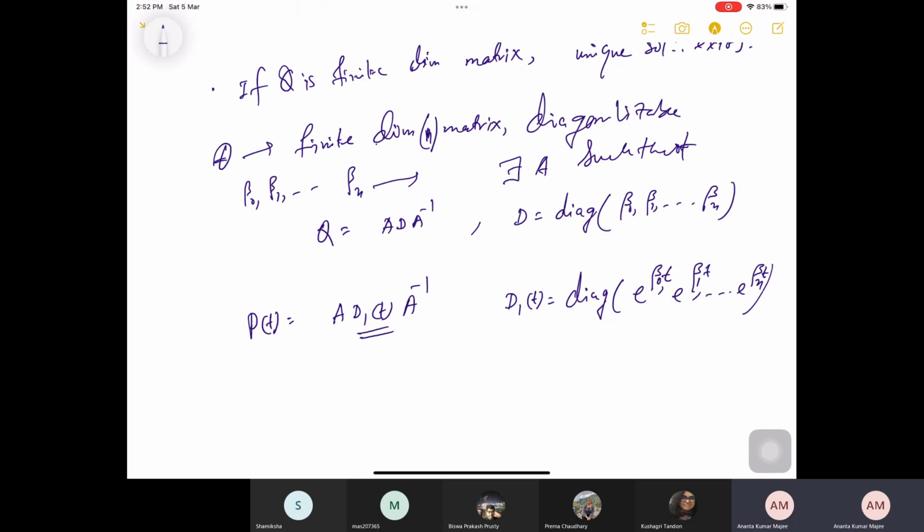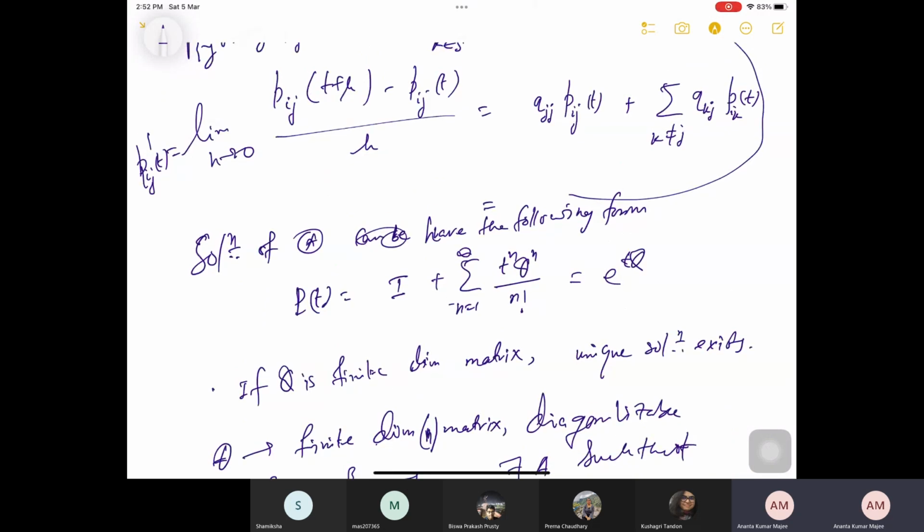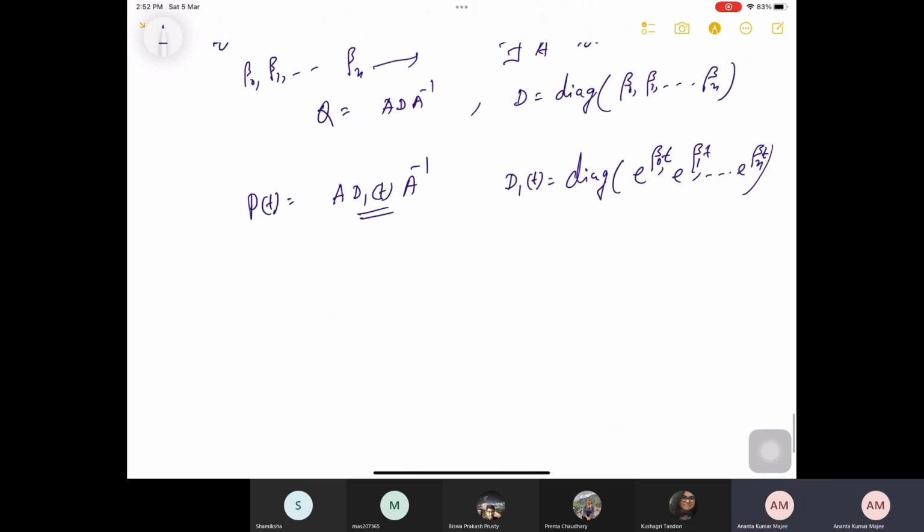Okay, so now P of t I am having from A D1 of t A inverse, so I can calculate my P of t. So here what I want to know is that if I know my Q, even from your Kolmogorov's equation, forward or backward, it says that if you know Q, then I can find out my transition probabilities matrix P. So the rate matrix is really important for CTMC.